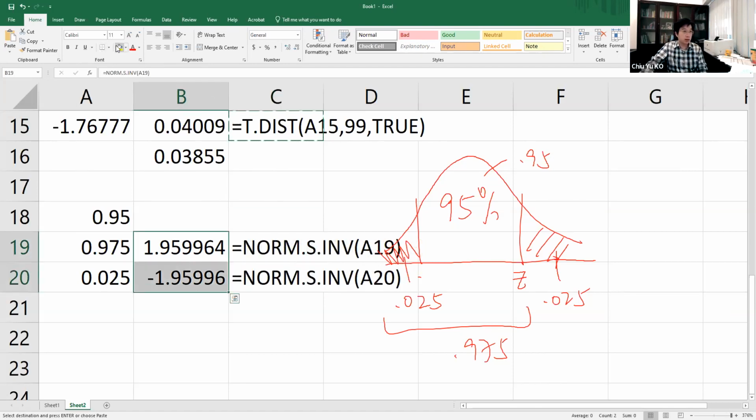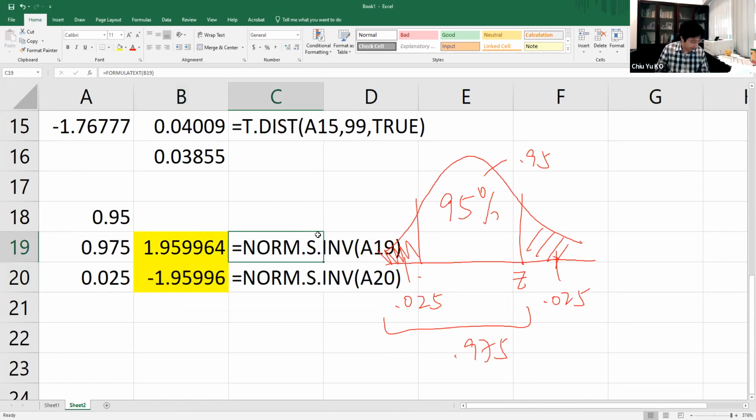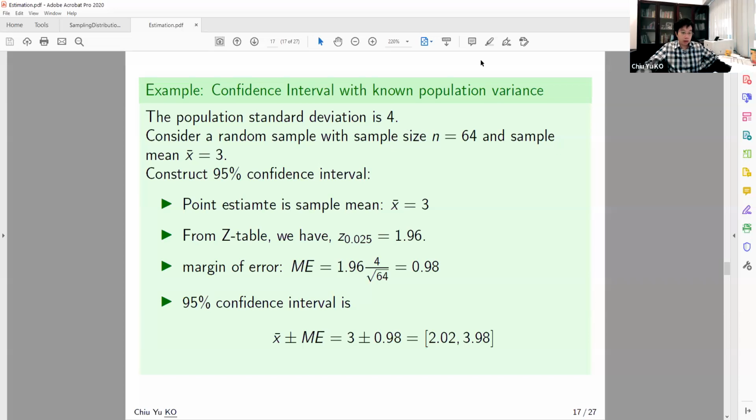So is that clear what we are doing here? Okay, so let's go back. So now we know this is 1.96, and that's why you can put it here, because this is Z alpha over 2.